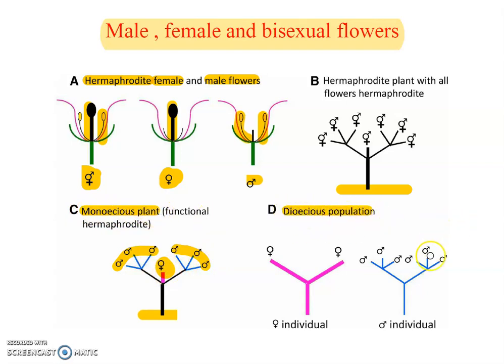In dioecious plants, either only female or only male flowers are produced. Here all male flowers developed. So it is dioecious because they are on different plants or different branches. So it is called dioecious.